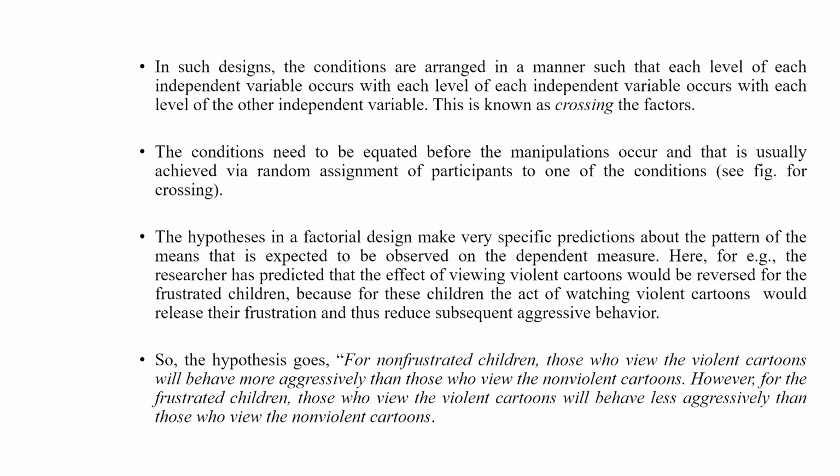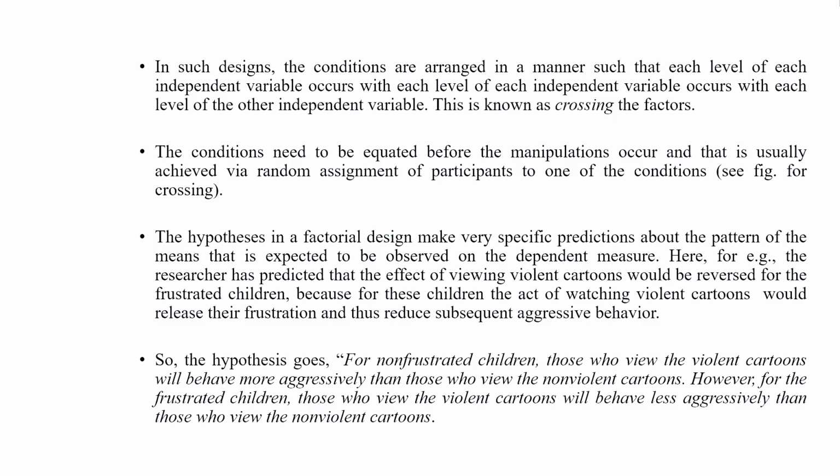Now, the hypothesis in a factorial design experiment has to make very specific predictions about the pattern of means or pattern of measurement that is expected to be observed on your dependent measure, your aggression scores. Here, for example, the researcher predicts that the effect of viewing violent cartoons would be reversed for the frustrated children.